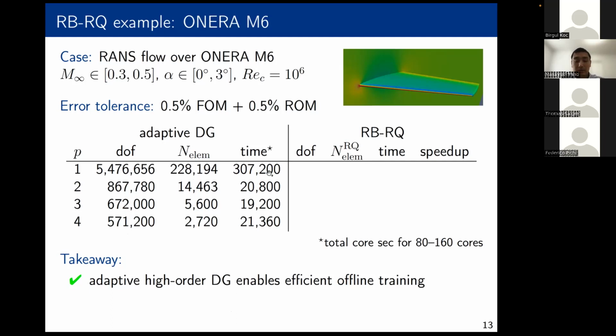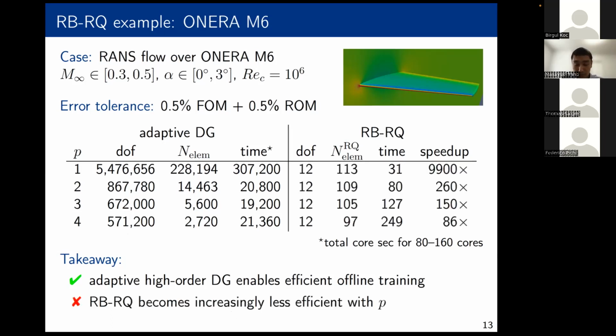Now let's take a look at how the hyper-reduced ROM performs. The hyper-reduced ROM has about 12 degrees of freedom, and it ends up marking about 100 elements after hyper-reduction. Now, in terms of computational time, if we look at the P1 approximation, it takes about 31 seconds on a single core of a computer.